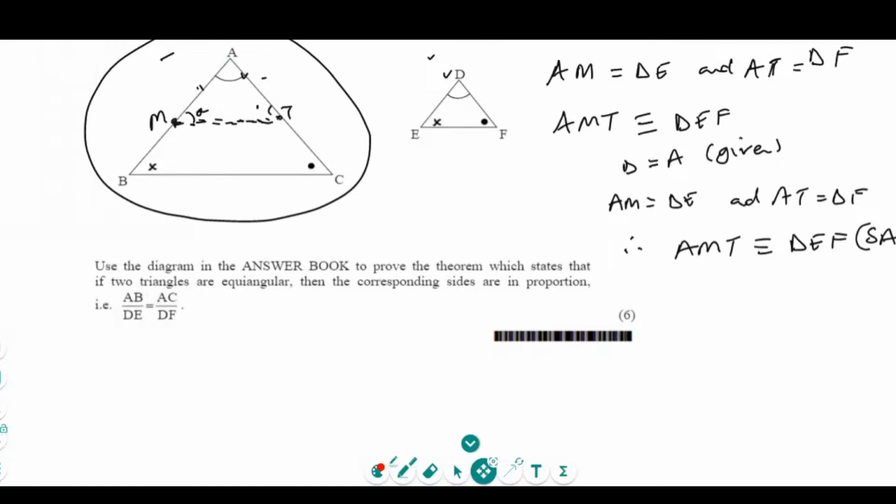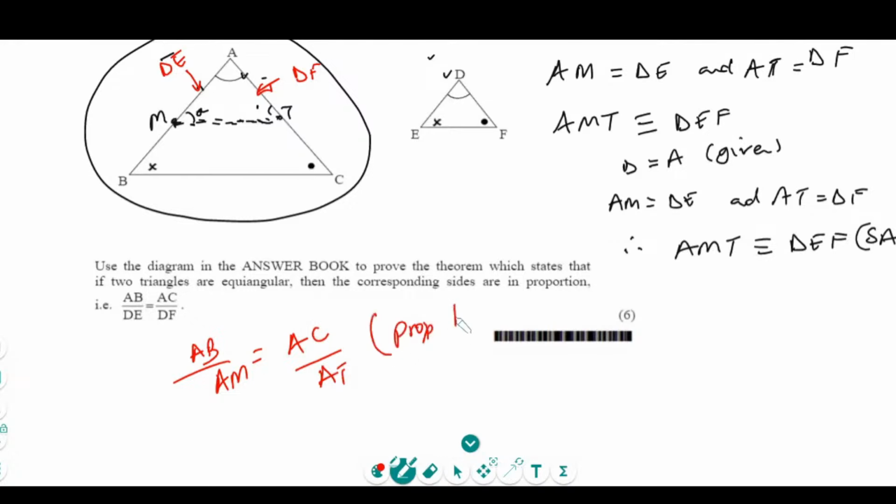We said that this is the same as DE, and this is the same as DF. So we can say that AB, the big triangle, over AM is equal to AC over AD.